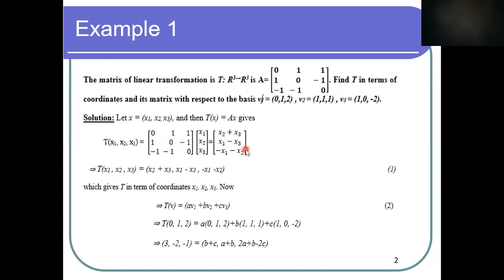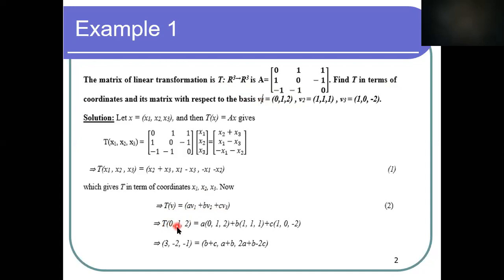Now we have to calculate the matrix corresponding to these bases. As I told you, these are basis elements, so any element can be written as a linear combination of them. I take T of V equal to A V1 plus B V2 plus C V3.